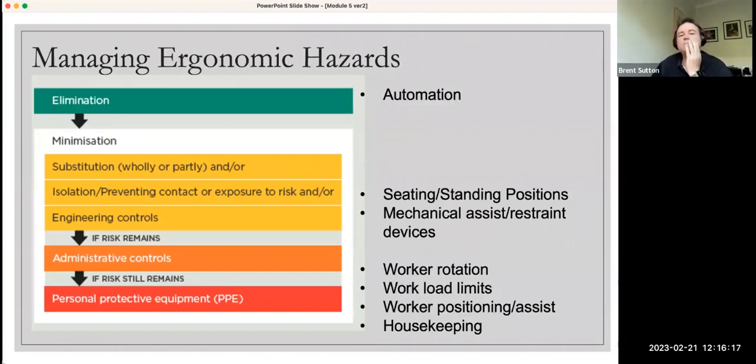Ergonomics. Okay, if we eliminate people from the process through automation, we don't have an ergonomic hazard. It's difficult to apply a substitution control because people typically are a whole body. If I think about isolation, some good examples could be things like the seating or the standing position.